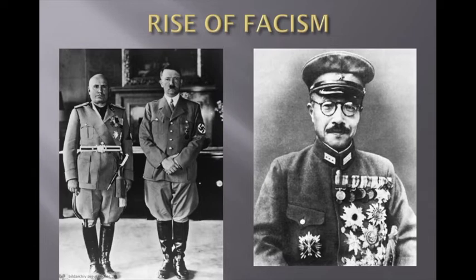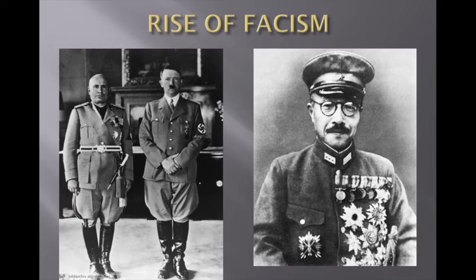Fascism originated in Italy in the 1920s, and it was developed in response to the economic depression that was going on in Europe in the 1920s. Fascism also developed in Germany, Spain, and Japan.